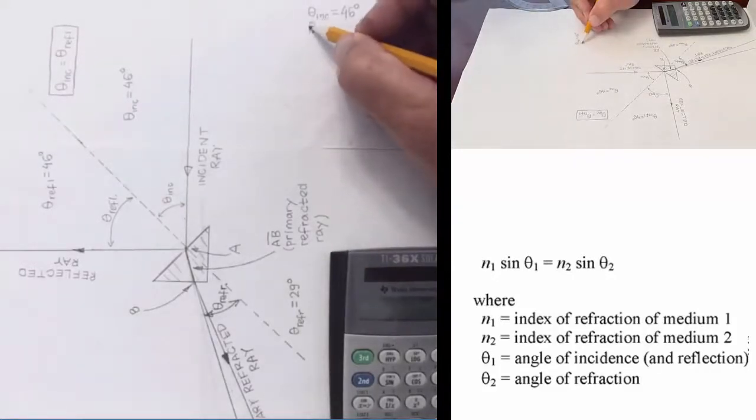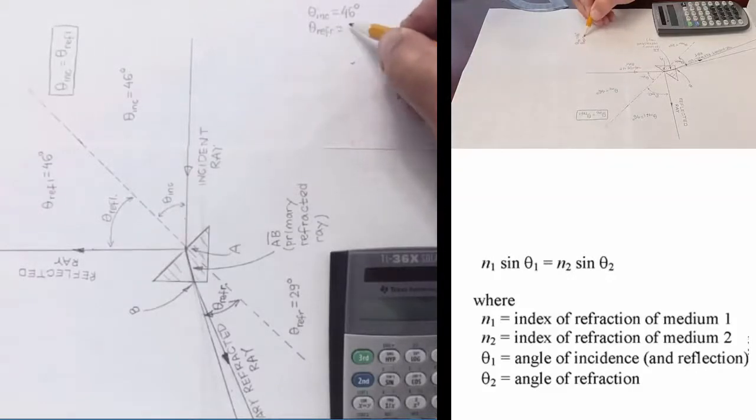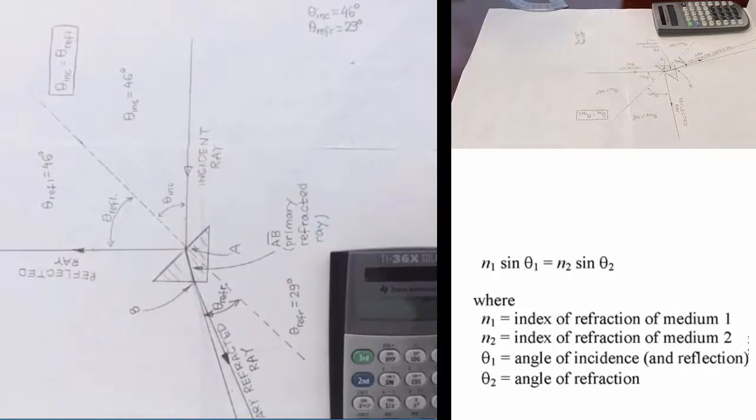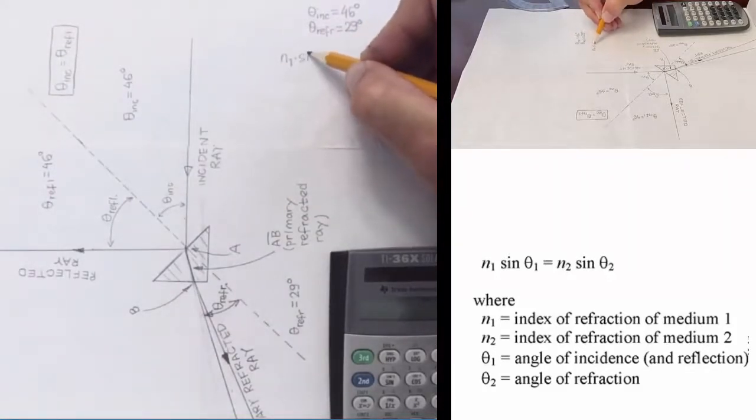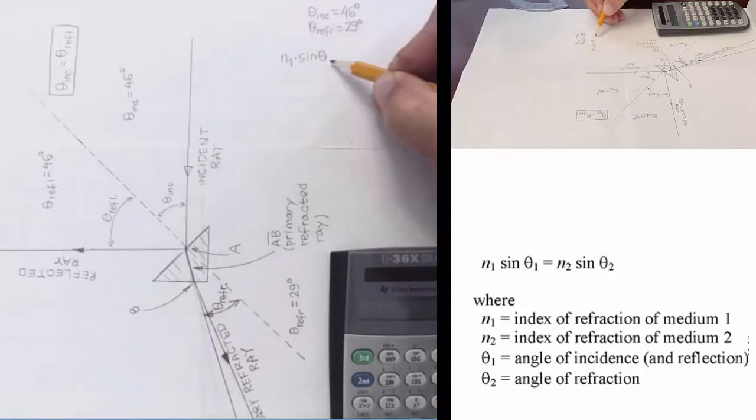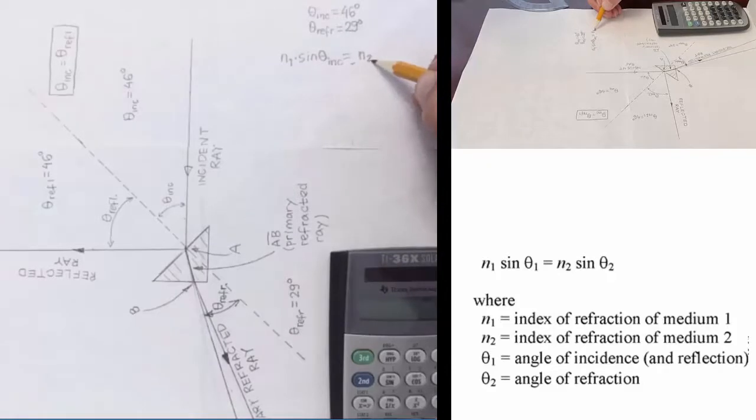Our refracted angle has been measured as 29 degrees. And then here's the Snell's law of refraction. N1 times sine of theta incident is equal to N2 times sine of theta refracted.